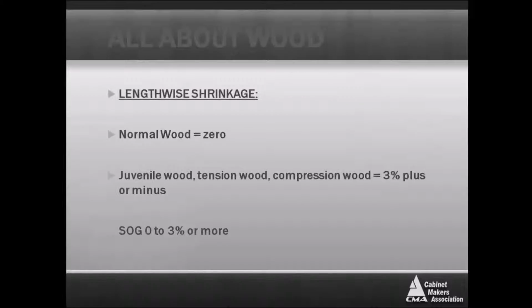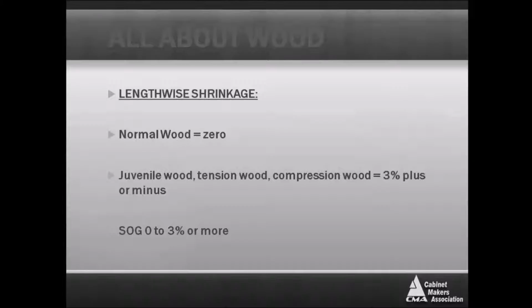Now, we have some special wood movement, because that formula is talking about normal, everyday wood movement. But some wood moves differently. Normal wood does not shrink along the grain, lengthwise shrinkage.